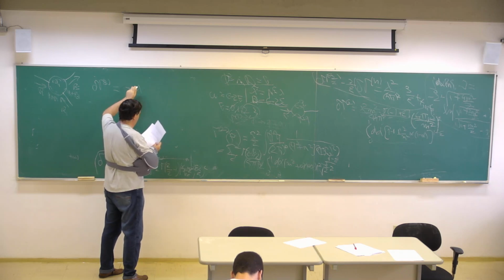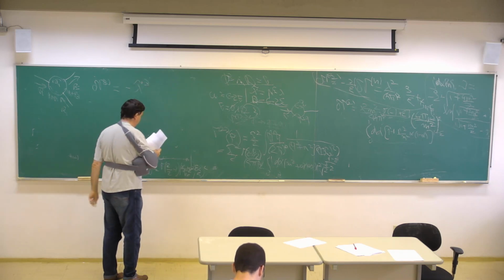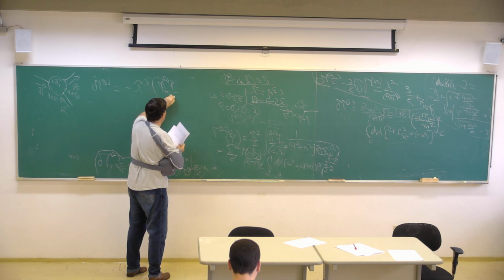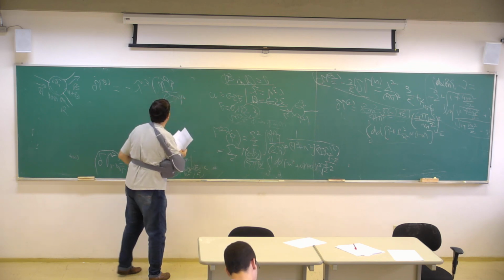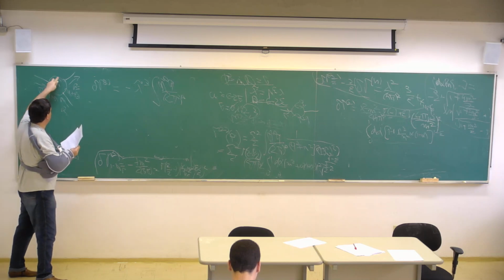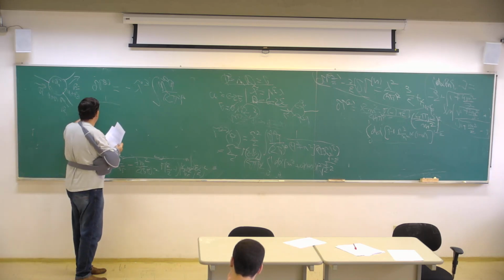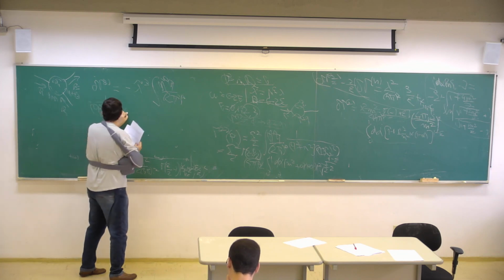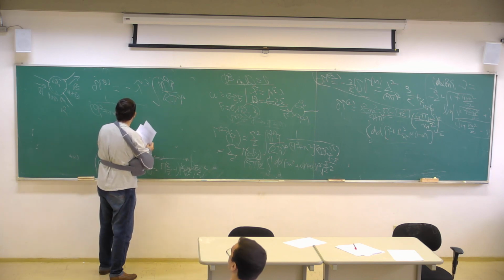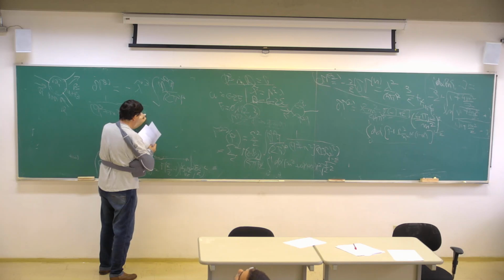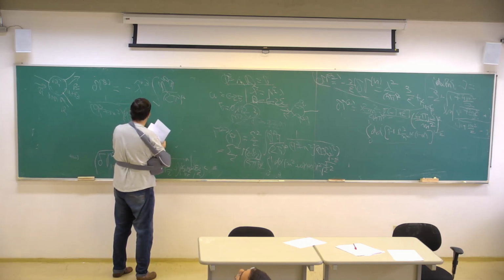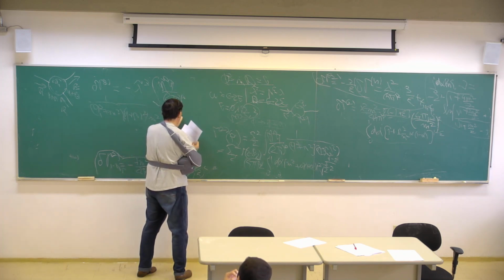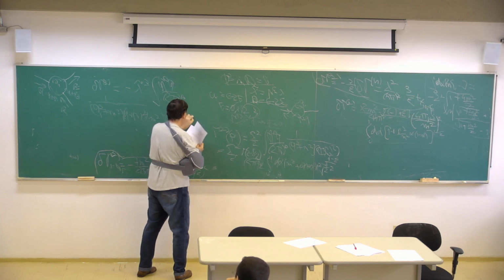Minus lambda tilde 3 integral, and now we have 3 propagators, so 1 over q1 squared plus m squared, q plus p1 squared plus m squared, and q plus p3 squared plus m squared.